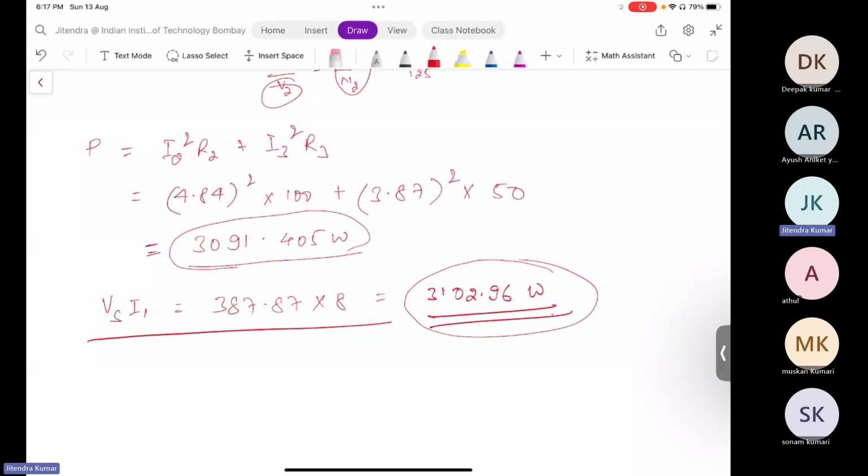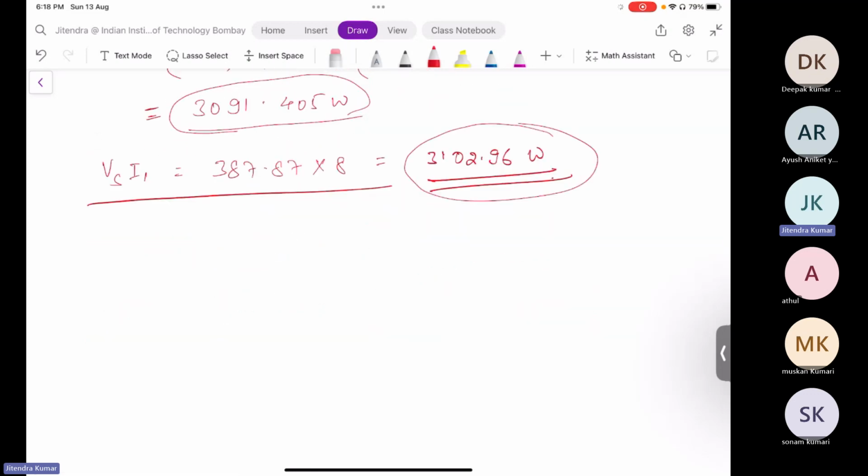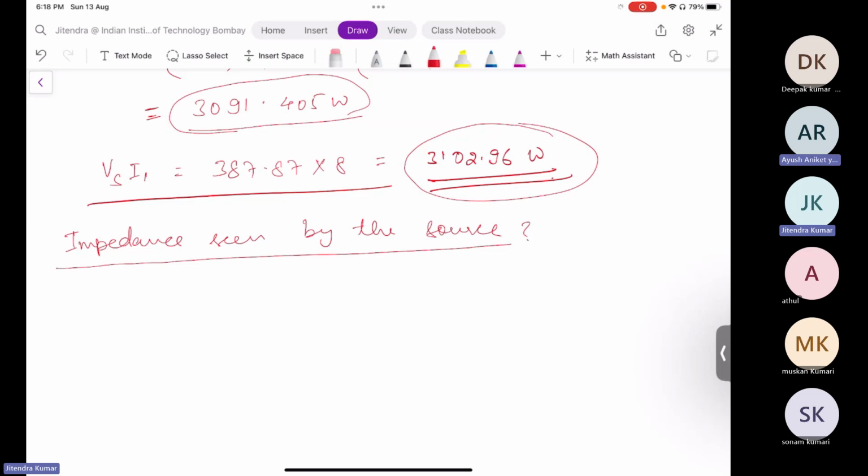Okay, now final part, impedance seen by the source. 48.48, sir. 48.48.